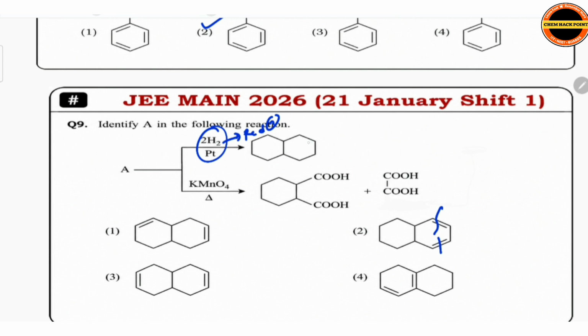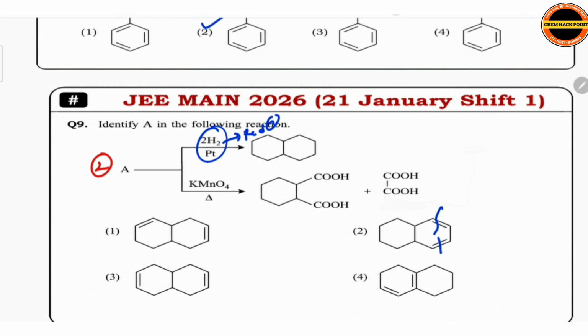In reduction, see what we are getting: both double bonds are reduced. When KMnO4 is used, the bond breaks and COOH forms. The remaining two will form COOH, COOH. So the probable answer should be option 2, because after reduction these two double bonds are removed and hydrogen is added.